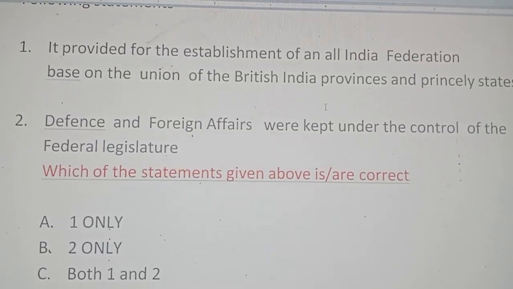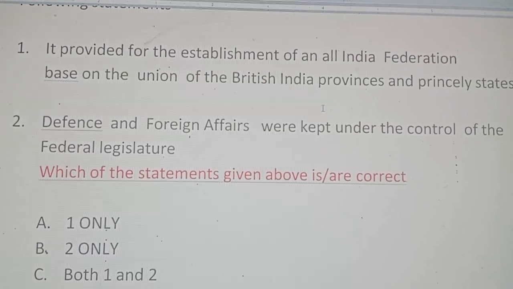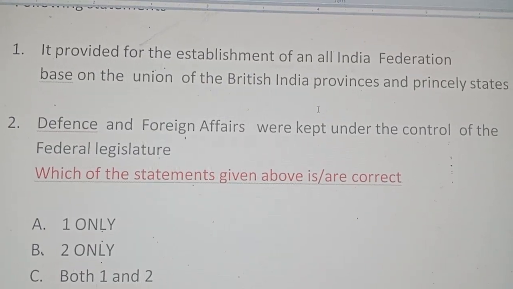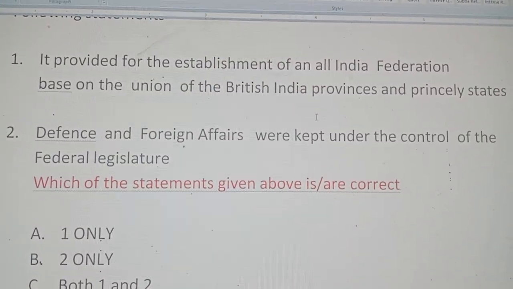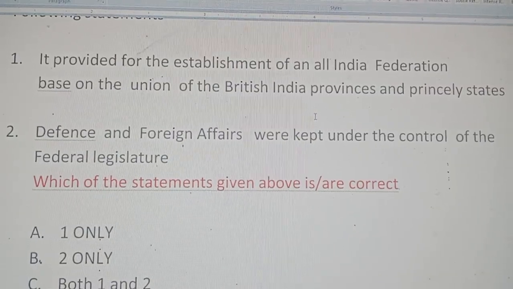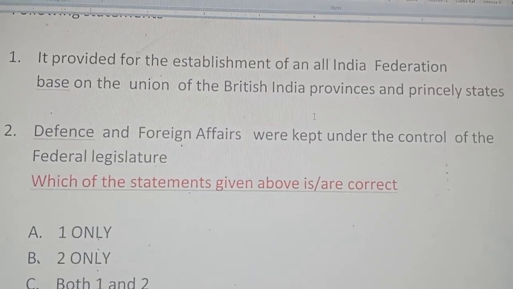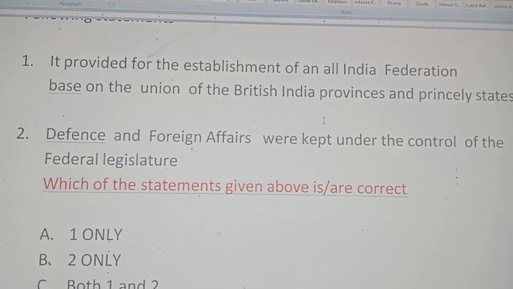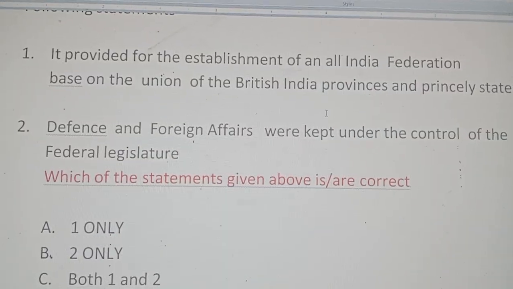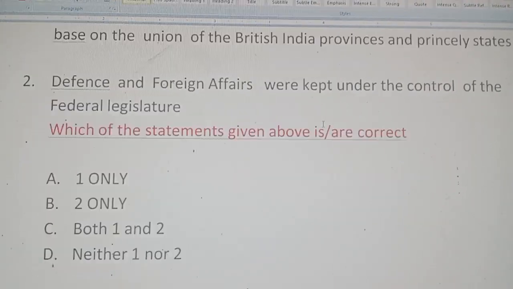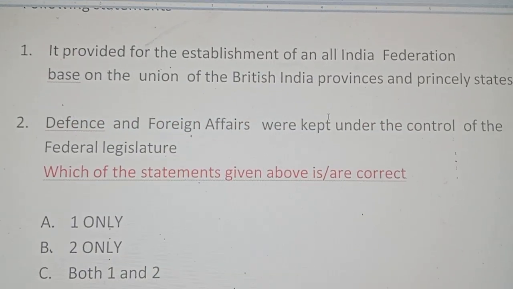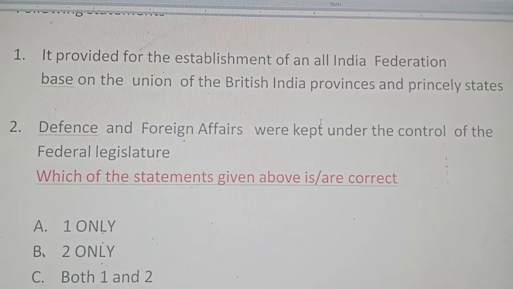Defense and foreign affairs were kept under the control of the federal legislature.